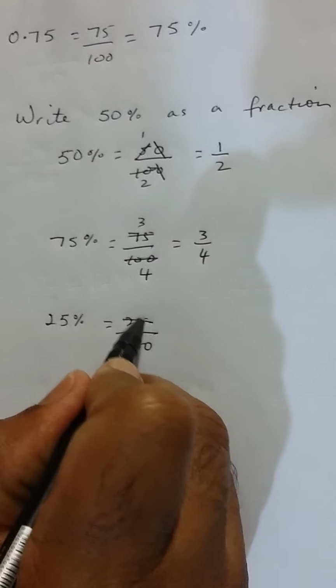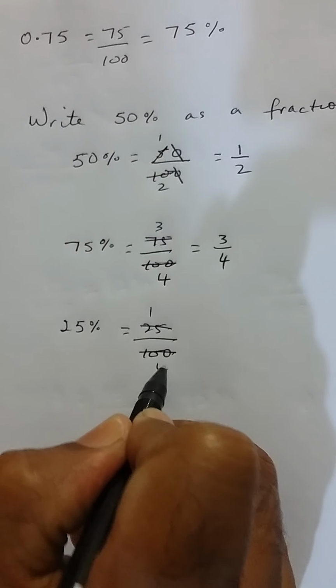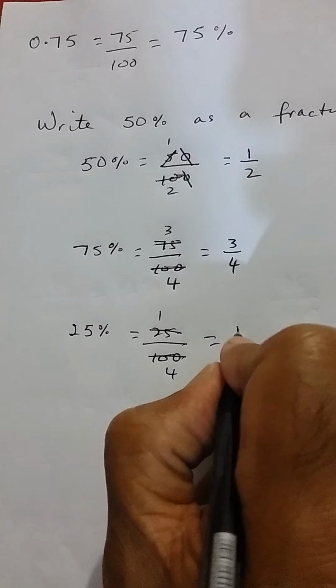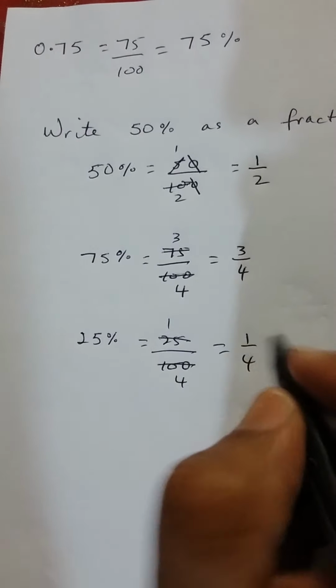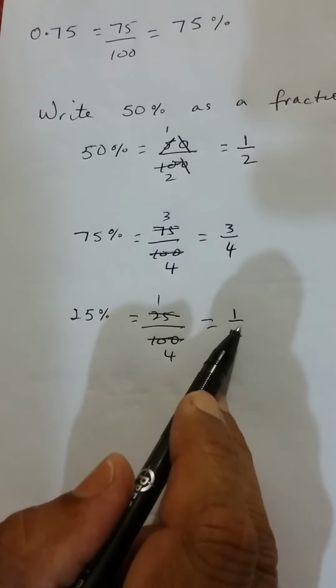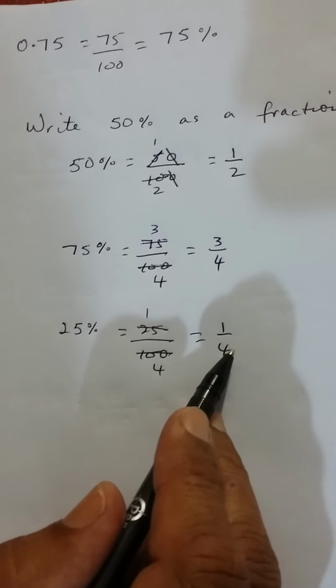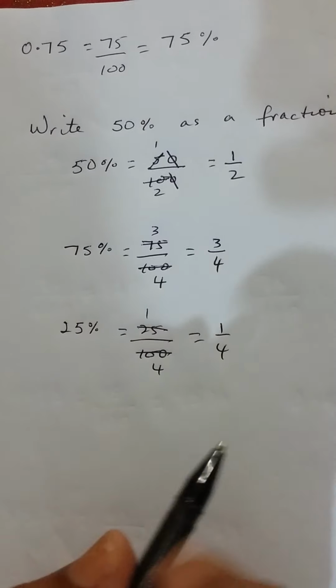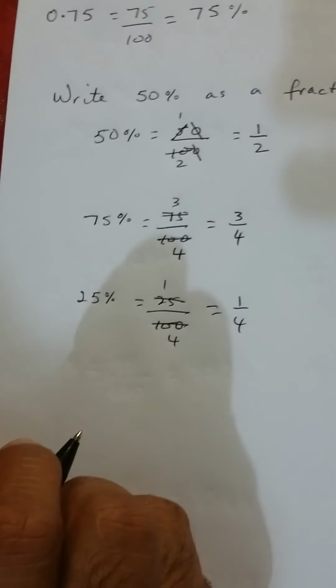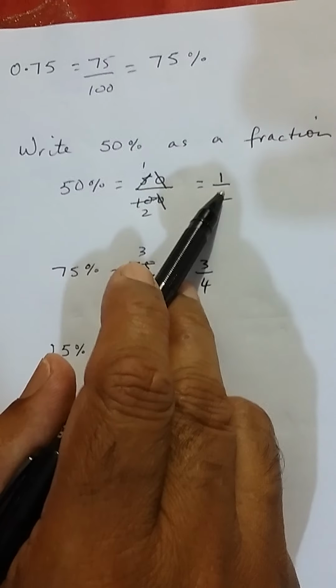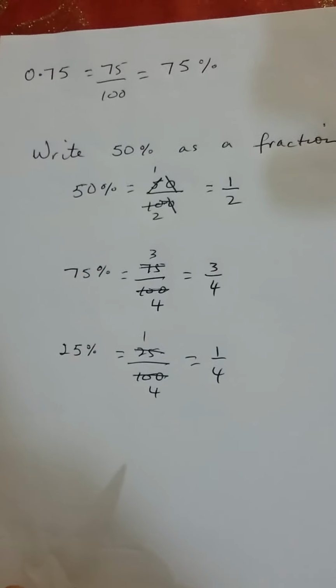I know 25 into 25 is 1, and 25 into 100 is 4. So 25% is really 1/4. 25% is 1/4, 75% is 3/4, and 50% is 1/2.